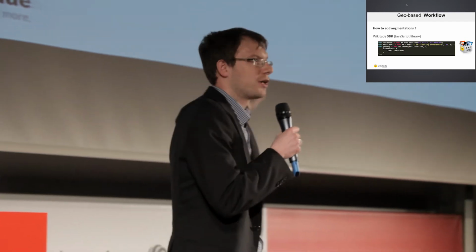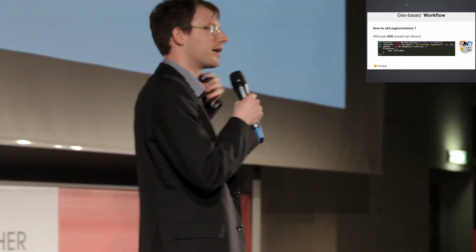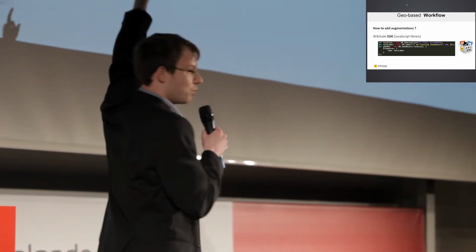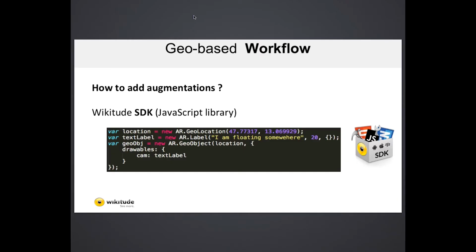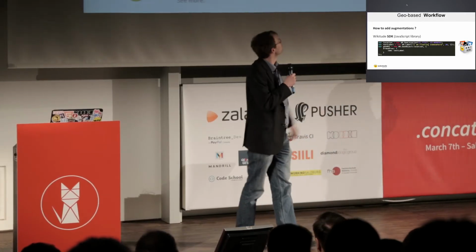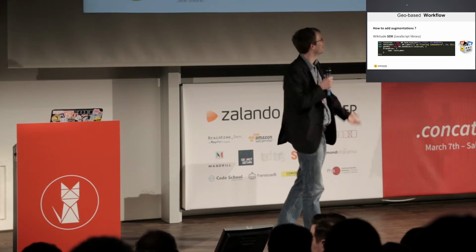So for example, if you want to create this geo-based augmented reality, like walking through London and Big Ben appears, this is what you do. You specify a geolocation, latitude and longitude, of the point that you want to augment. You specify the augmentation, the virtual object that should appear. Here it's a label. We say, I'm floating somewhere.